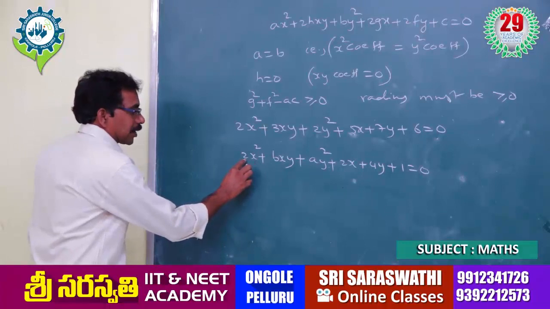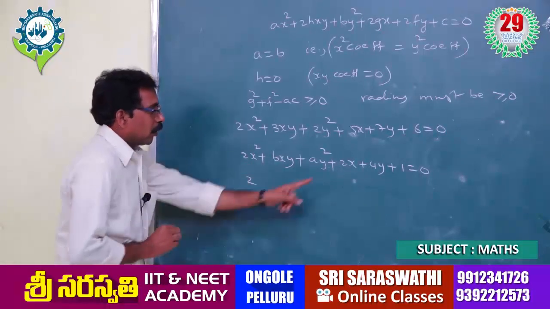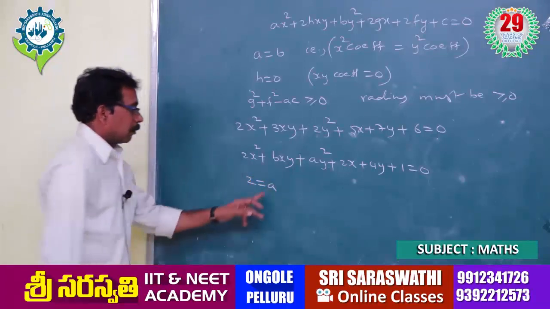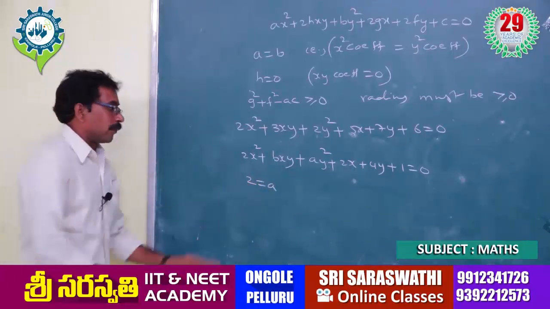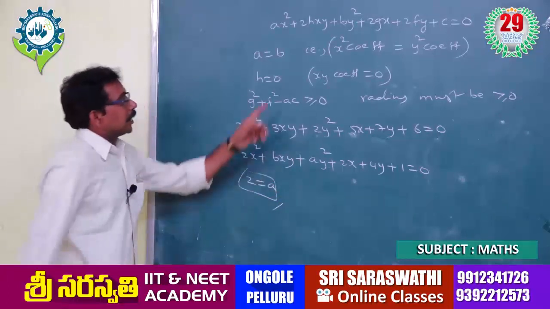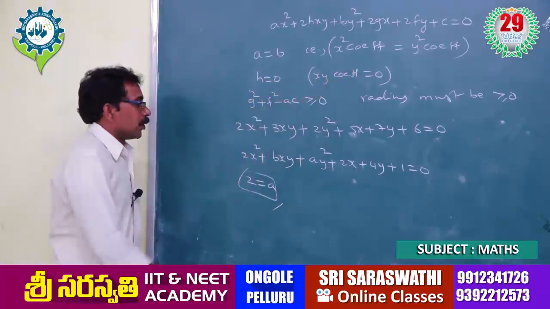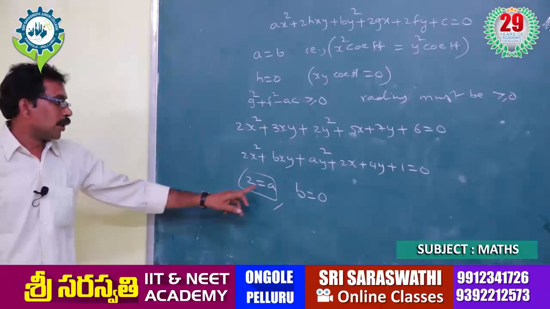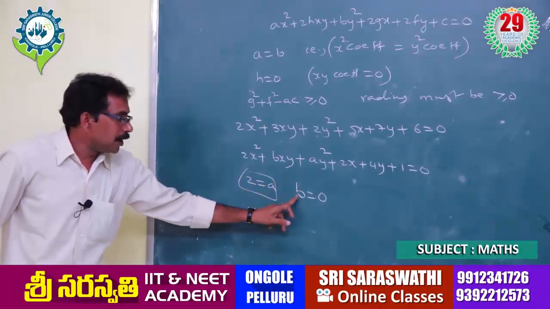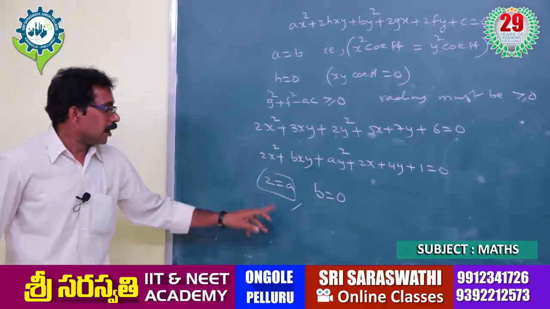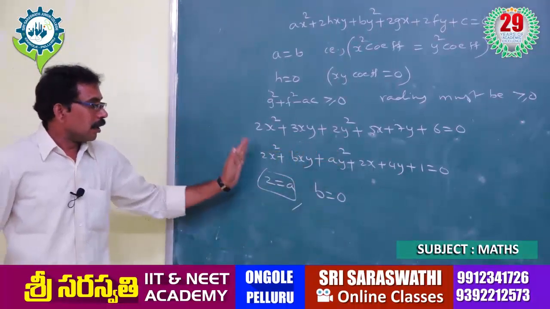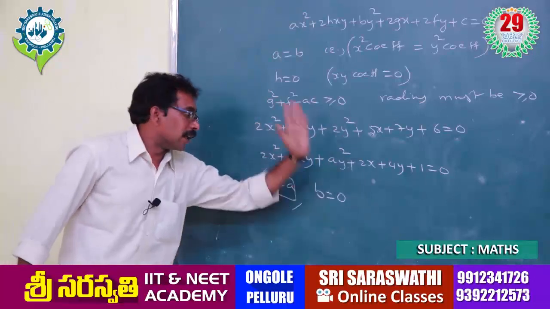Means here the x square coefficient is equal to 2, the y square coefficient is equal to a. Then a must equal 2. Next, the xy coefficient must be 0. Therefore, b is equal to 0. So a is equal to 2 and b is equal to 0. Then if a is 2 and b is 0, this equation represents a circle.